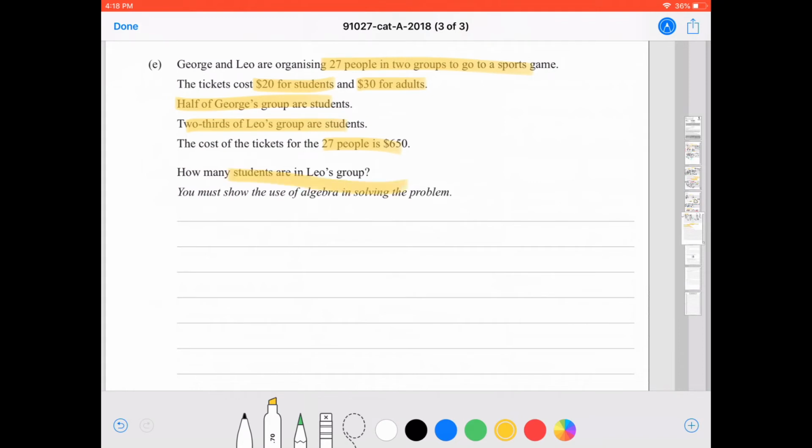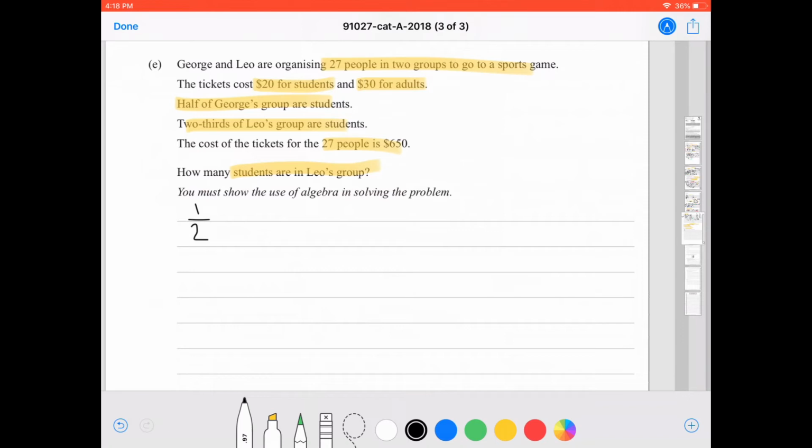Okay, so there's a lot going on in this question. We have to write out some equations. First of all, working in terms of students, we can say half of G, so we'll say G is George and L for Leo.